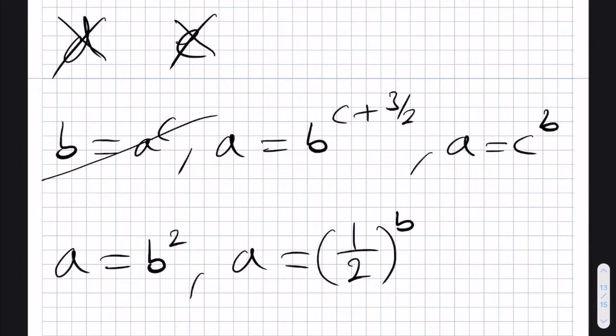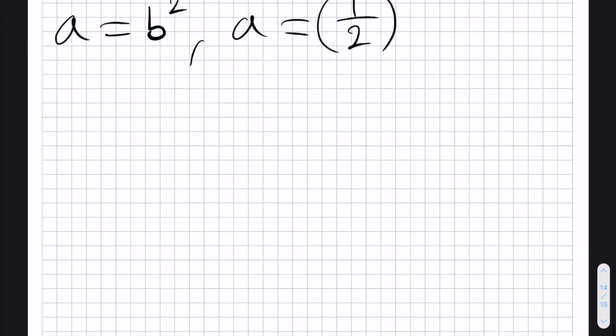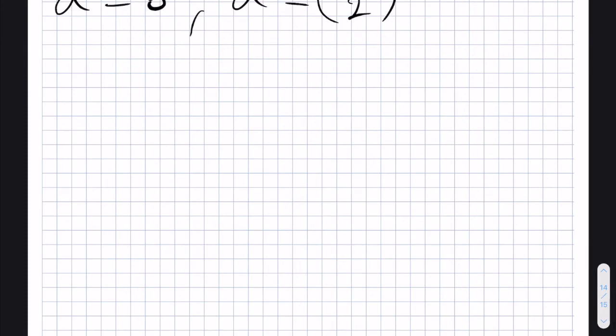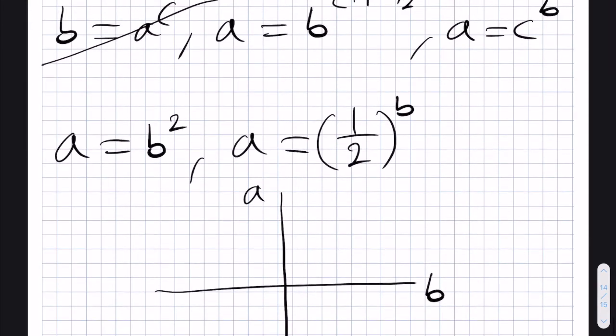We now need to find out how many solutions there are for a and b using these equations. And the fastest way to do that is to sketch out these curves in the b-a plane, i.e. we have one axis here, with b and a. The 1/2 to the b is going to look something like this, asymptoting to 0, and then the b squared will look something like this.